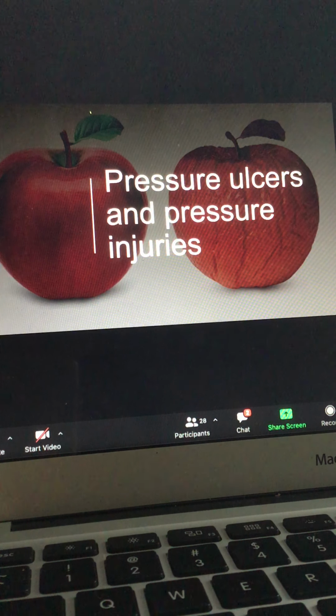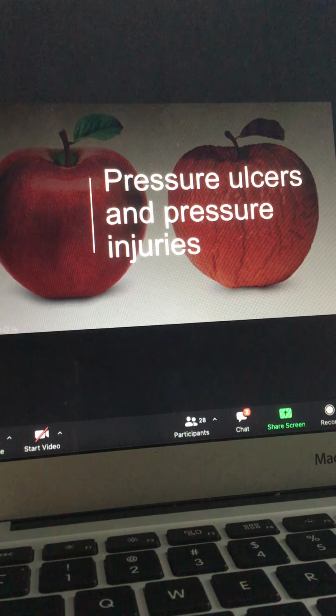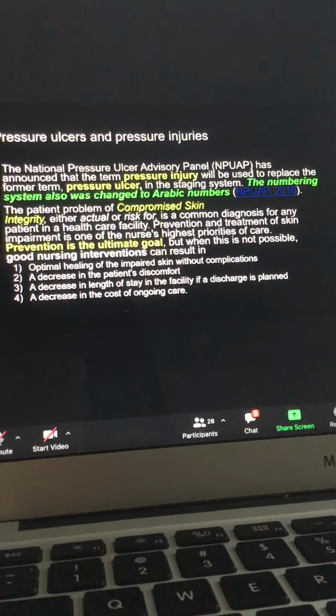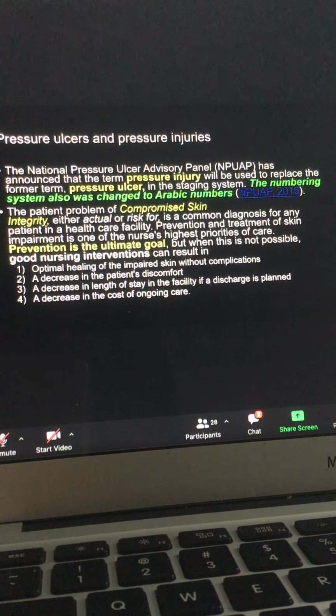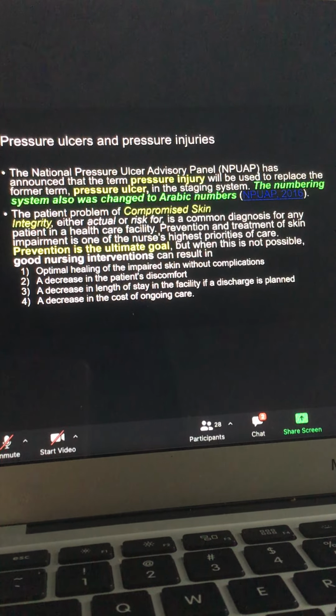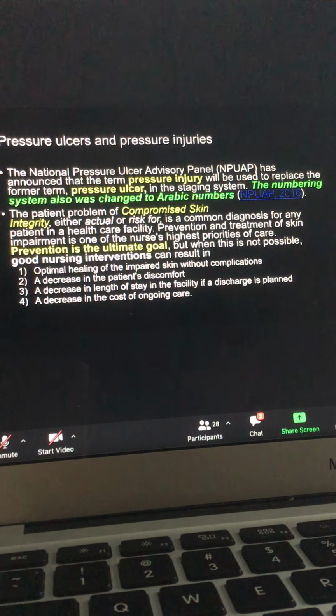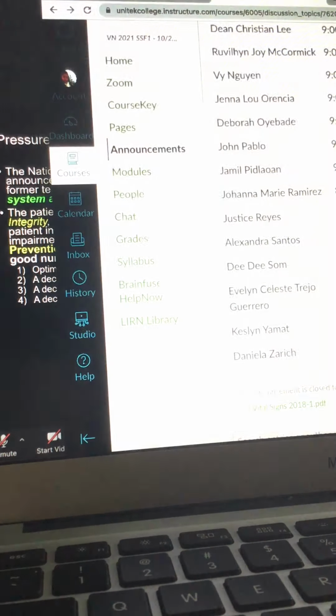Based on the definition, just a few technical terms: the National Pressure Ulcer Advisory Panel, or the NPUAP, has announced that the term pressure injury will be used to replace the former term pressure ulcer.